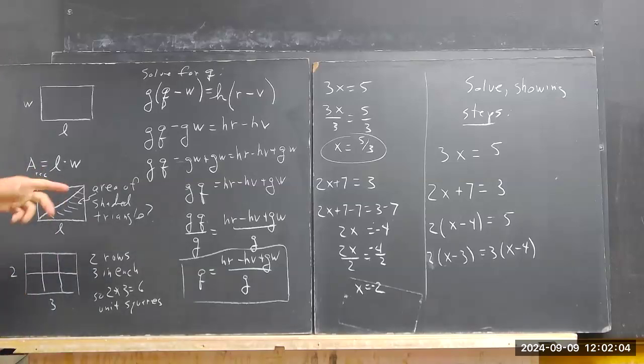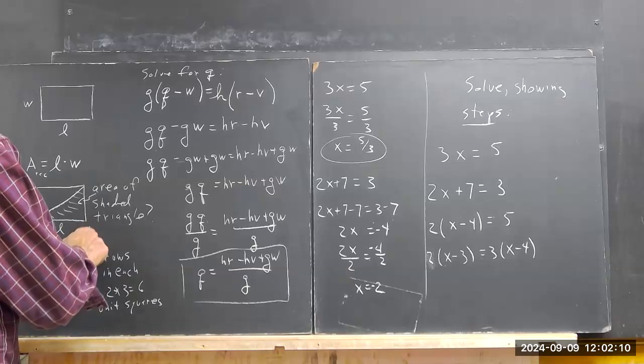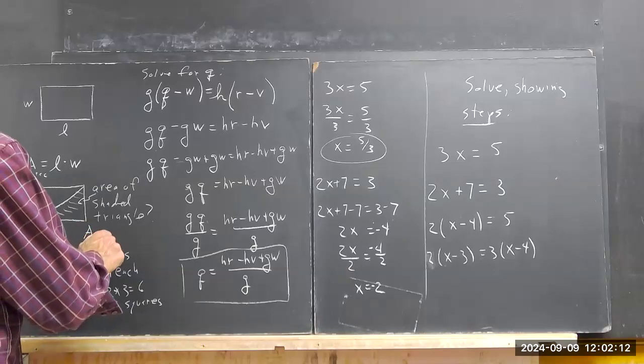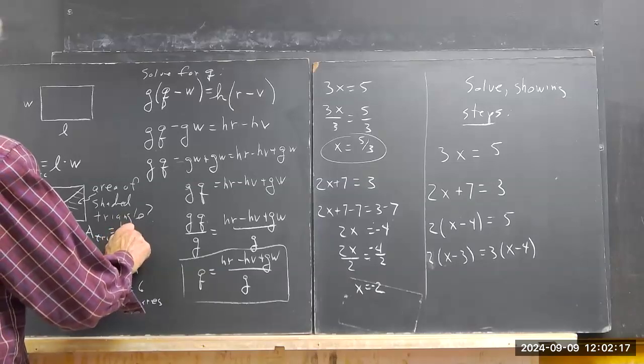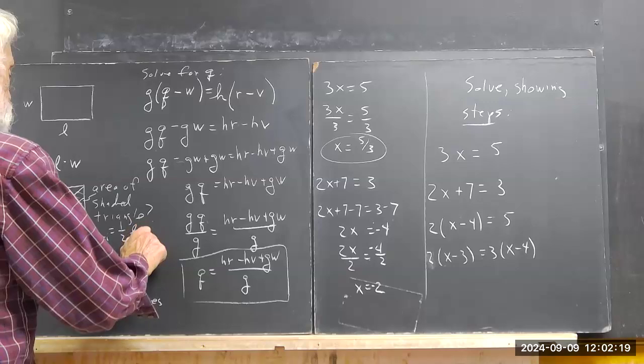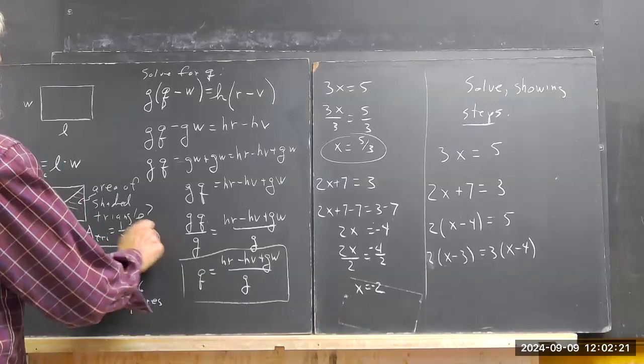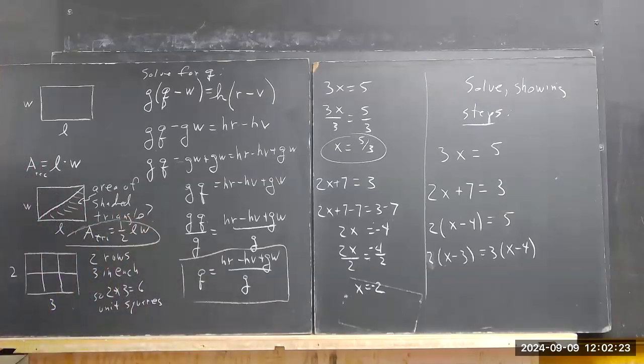Well, I can't read that, but I can do what I want with the notation. Okay, that's the area of the rectangle. So now I can say area TRI for triangle would be 1/2 LW. Okay.